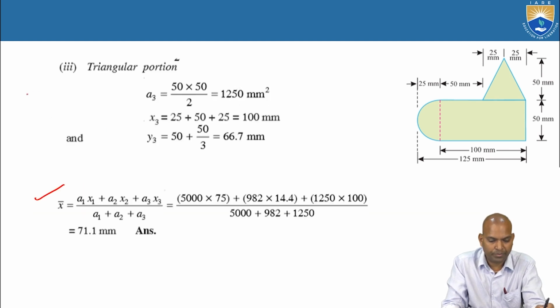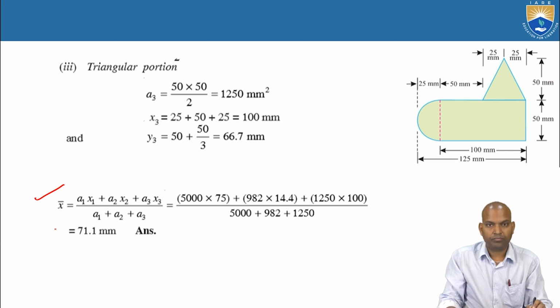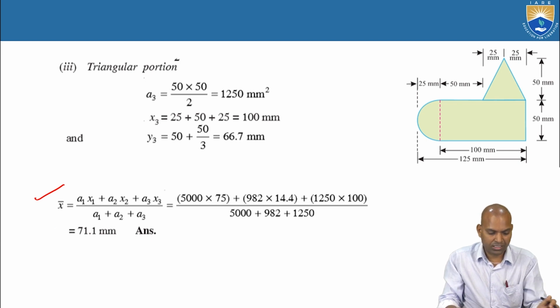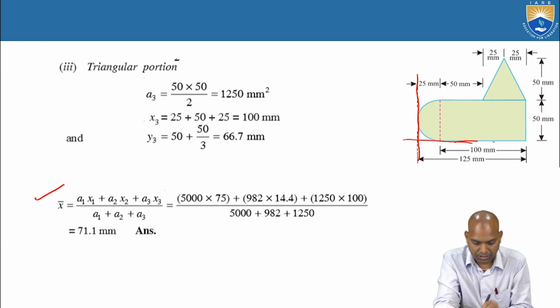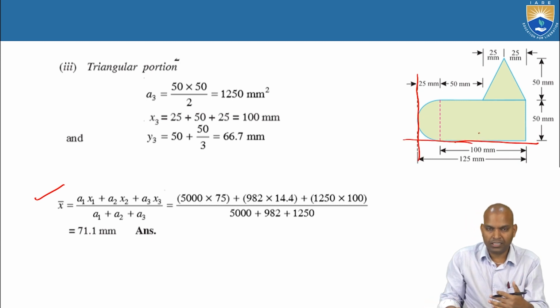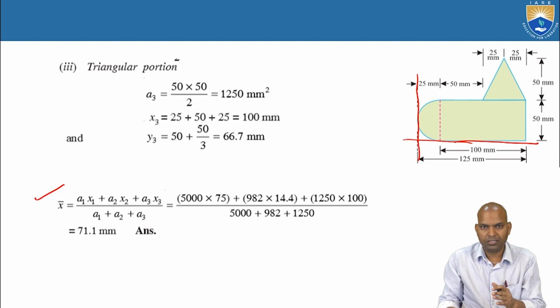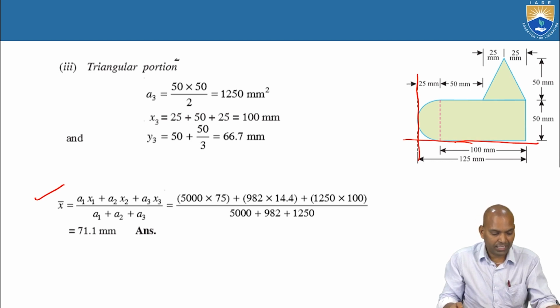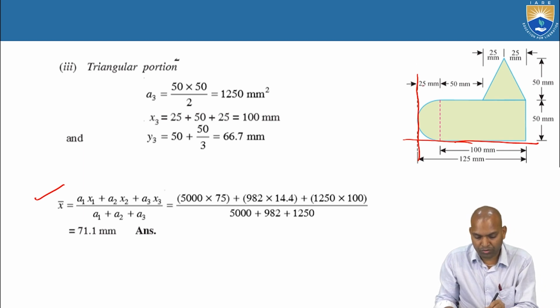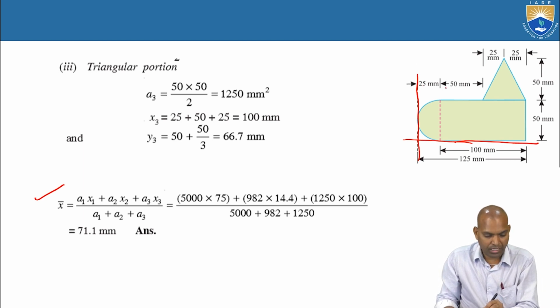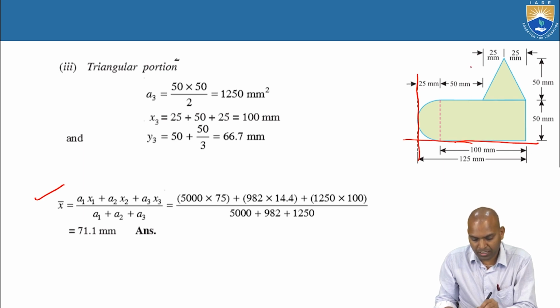Now, what is the geometry here? My point here, I'm going to discuss. It is also an unsymmetrical section. It is neither symmetrical about the horizontal axis nor the vertical axis. Alright. Now, look at bar X. The bar X value is 71.1 millimeters, approximately here.